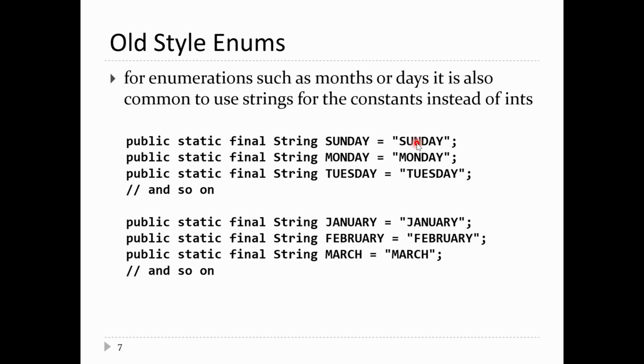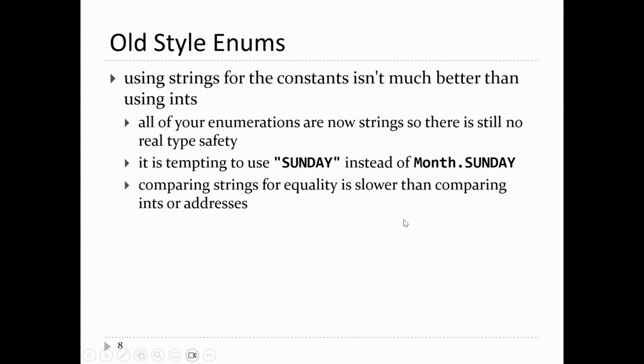So to determine if Sunday equals Sunday, I have to compare 6 characters. Using the old int style enumerations, you just compare one int. Now that doesn't sound like such a big deal, 6 comparisons versus 1. But if the length of the constant becomes very long, there could actually be a noticeable amount of time needed just to compare whether or not 2 constants are equal.